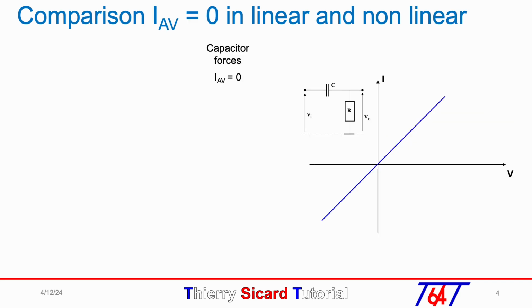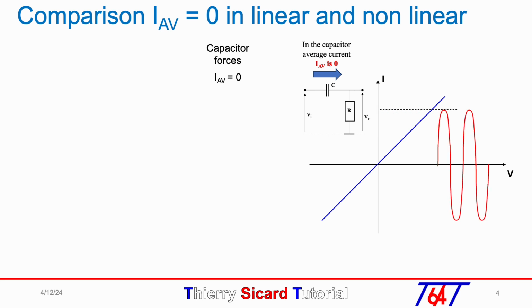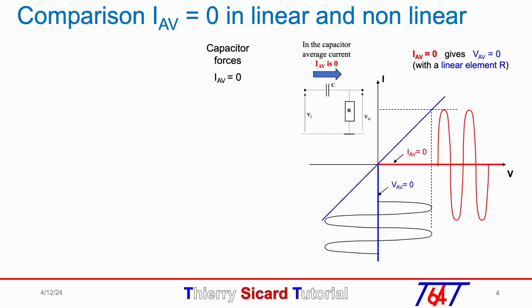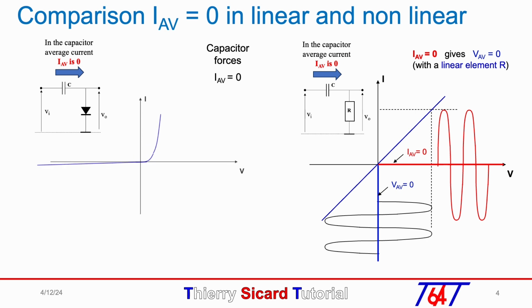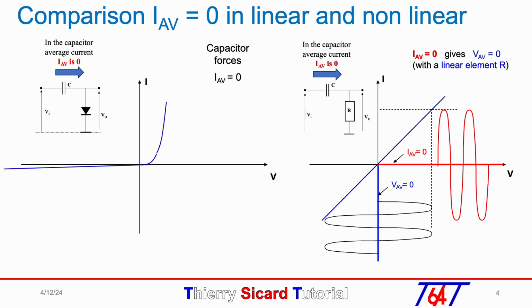In the I versus V characteristic, with the capacitor rule of average current equals 0, it is easy to visualize that a zero average current gives an average voltage equal to 0. But the same capacitor rule of zero average current in a strongly nonlinear element gives a very specific current, with a high and short peak due to the conducting diode, and a long, very low current value due to the leakage current of the diode.